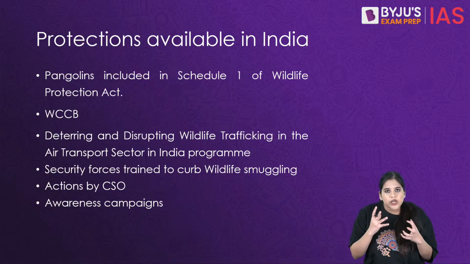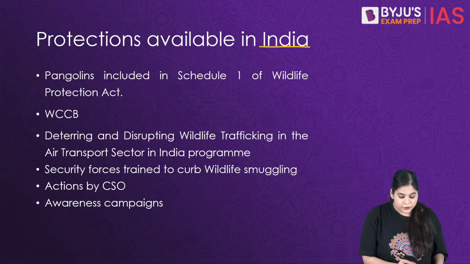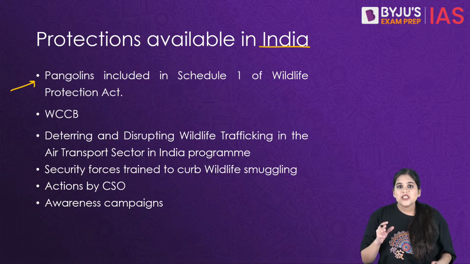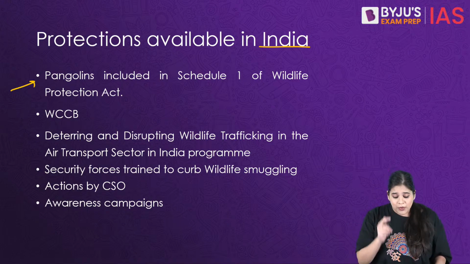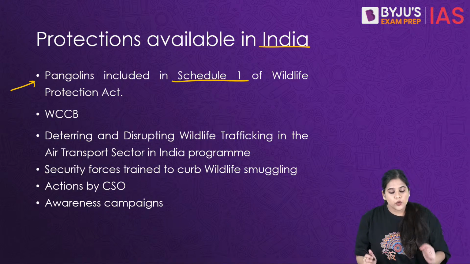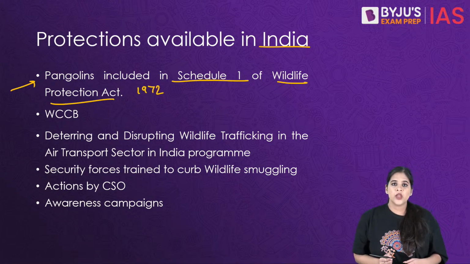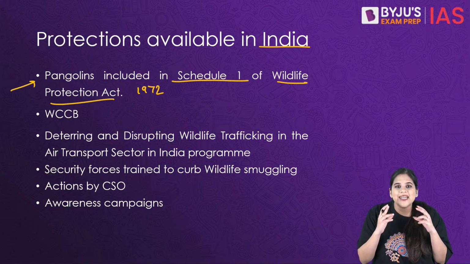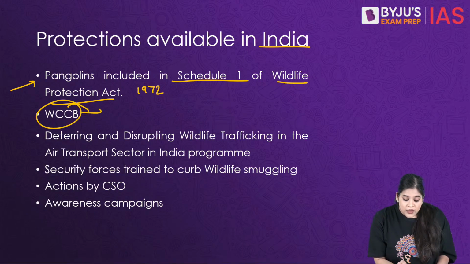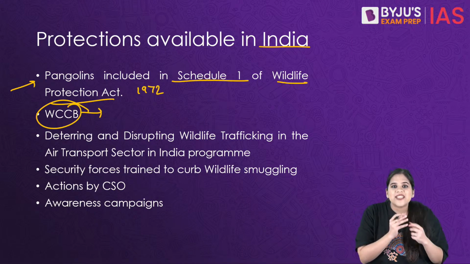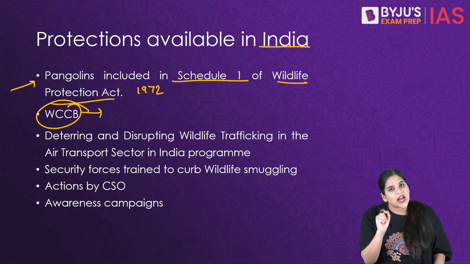So what are the various protections available in India against such problems? First, the pangolins have the highest amount of protection that can be given to any animal, by including them in Schedule 1 of the Wildlife Protection Act of India, 1972. Apart from that, we have a dedicated agency, the Wildlife Crime Control Bureau, that investigates and collects intelligence regarding wildlife trafficking and poaching activities.